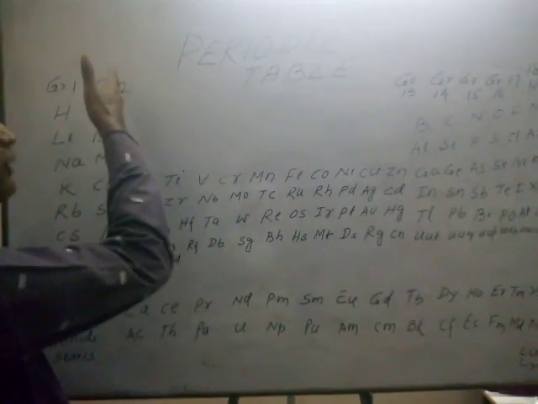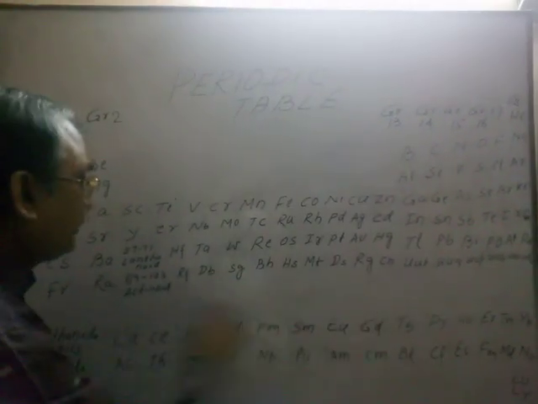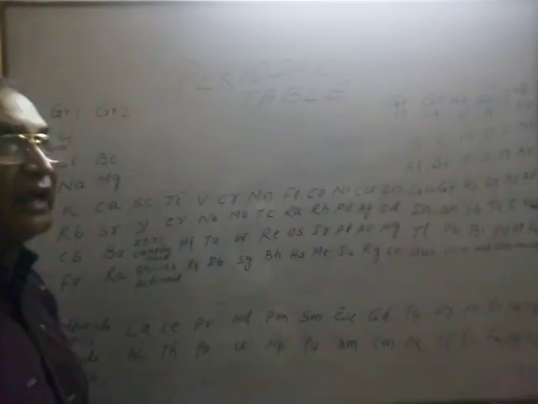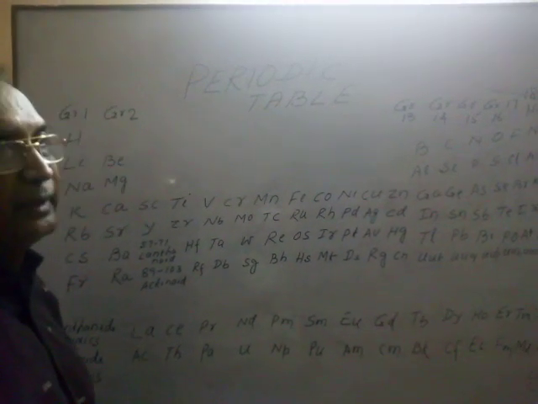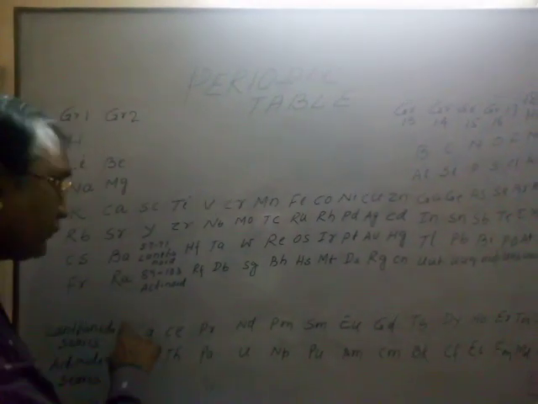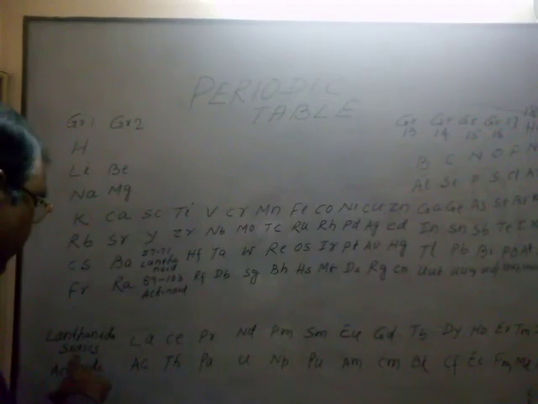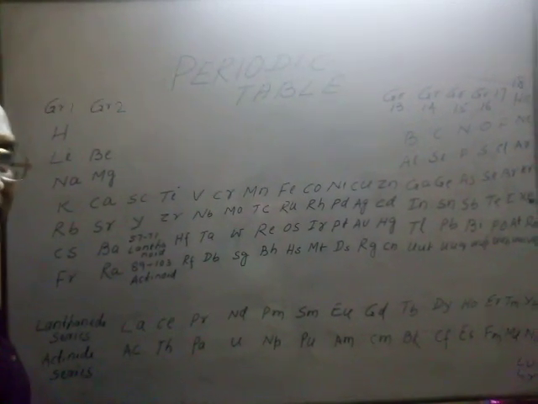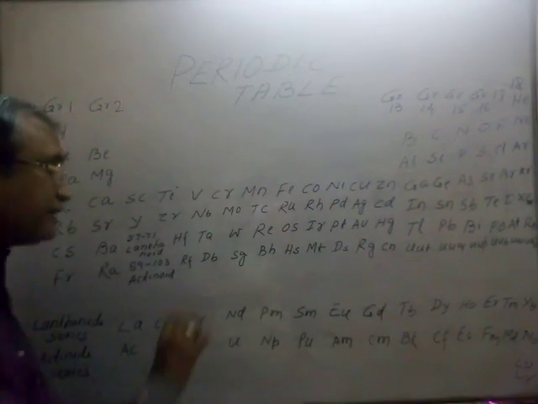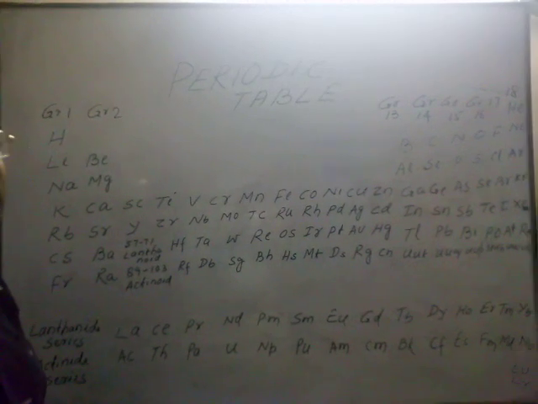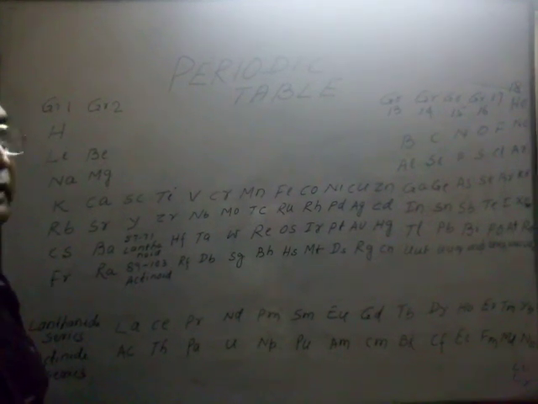And in between group 2 and group 13, that portion is known as our transition elements. And at the bottom you see two series. One is our lanthanide series and the other is our actinide series, and these are known as inner transition elements.